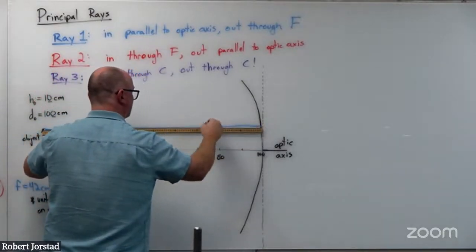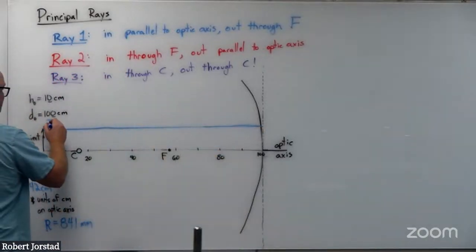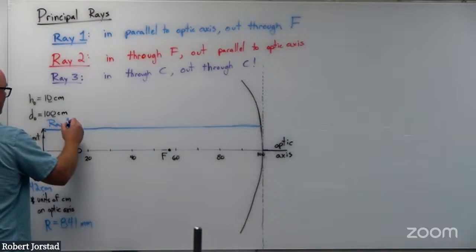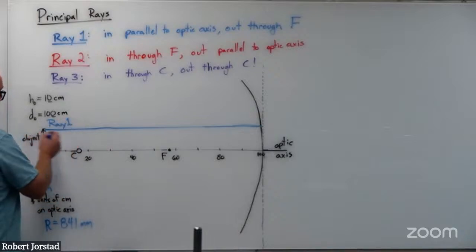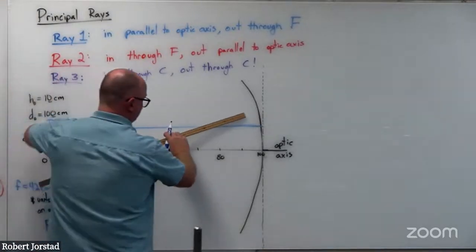It's hard for me to draw on the board. Okay, whatever. I'm going to call this ray 1. So it goes in this way, with a little arrowhead on it, and then it goes out through the focal point.